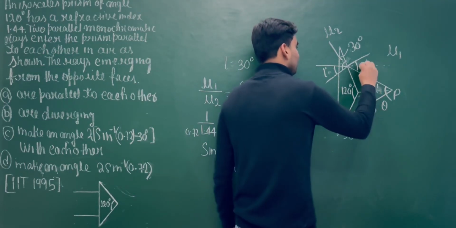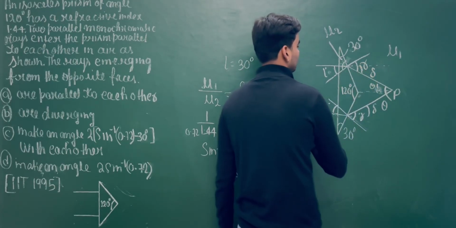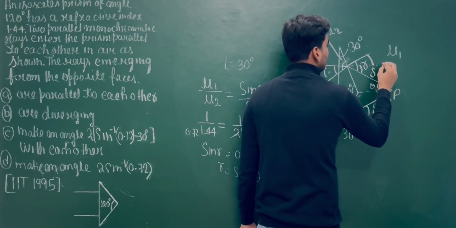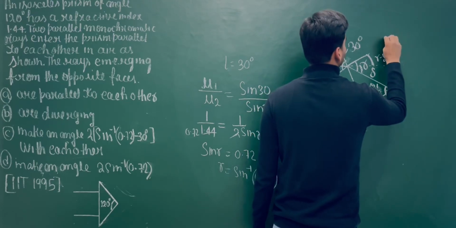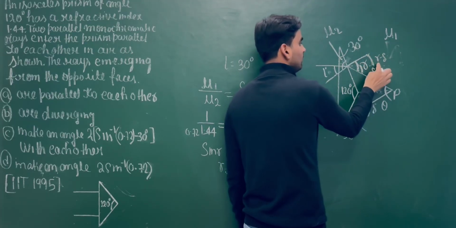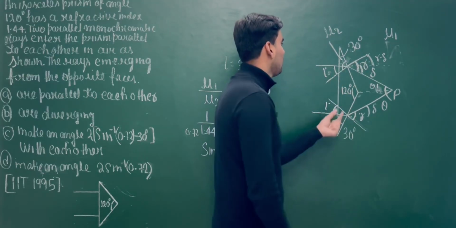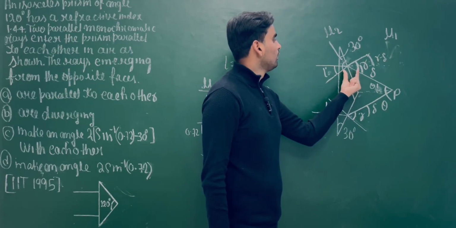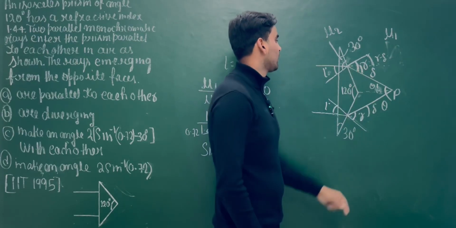Now again, this complete angle is R and this is delta. So this much will be R minus delta. R minus delta and I are vertically opposite angles because these are the angles between two intersecting lines.